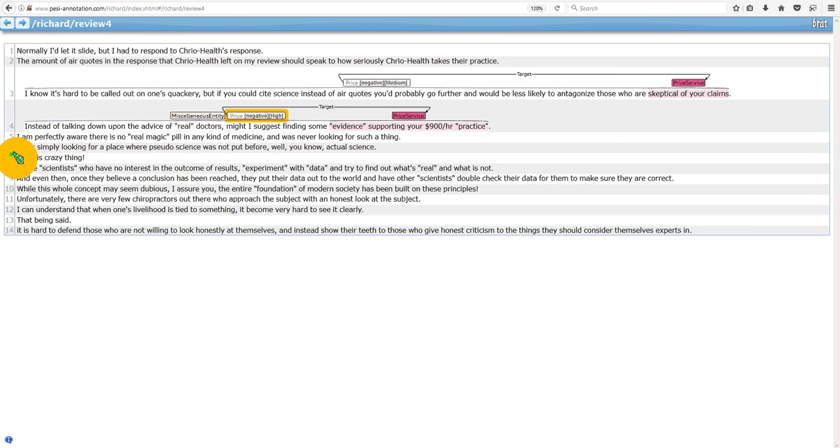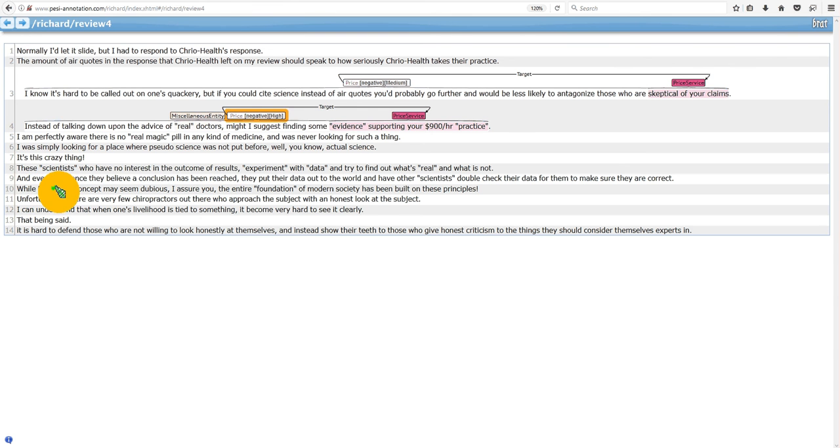And even then, once you believe a conclusion has been reached, they put the data out in the world and have other scientists double check their data to make sure they are correct. Seems like a pretty negative take on the whole industry.